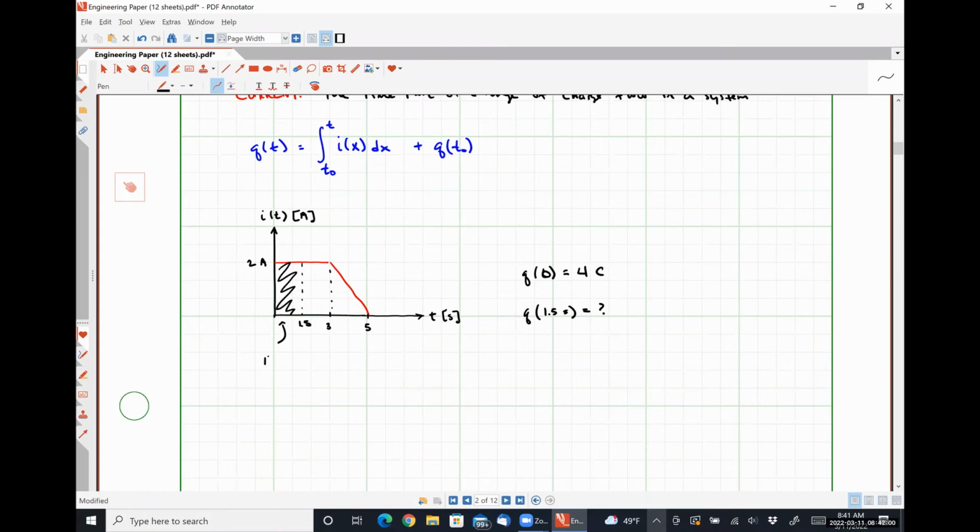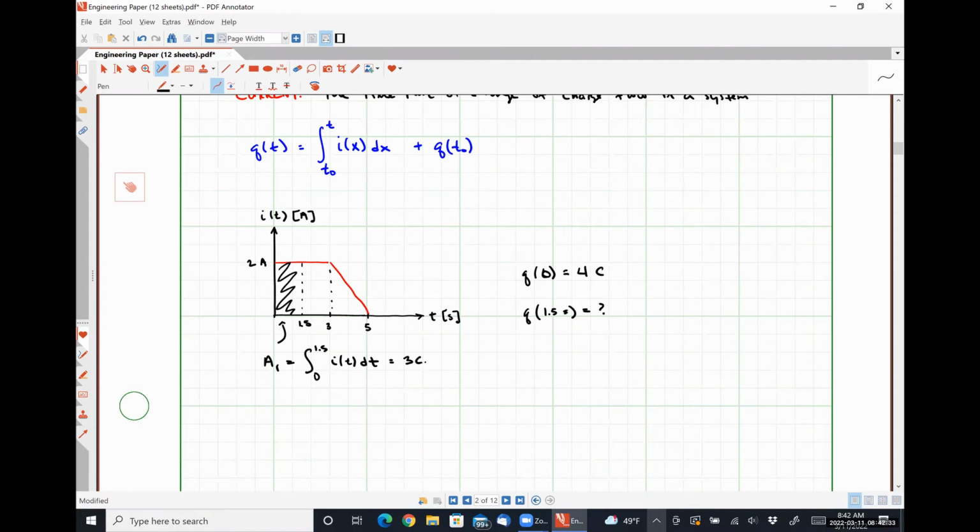Let's call this A1, which is representing the integral from 0 to 1.5 of I of t dt. What's that area? Not a trick question. Three coulombs, 3 amp-seconds, which is a coulomb.